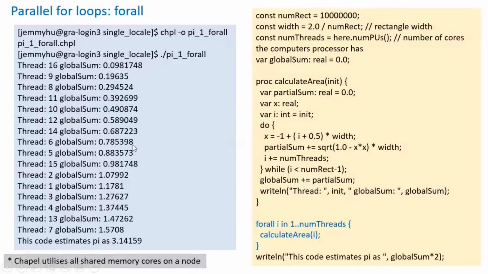On Graham, the majority of nodes have 32 CPUs per node, but it's typically 2 sockets, so each socket has 16. They are closed in a shared memory block. So whether you run OpenMP code, a pthread code, or Chapel, by default it will use 16.